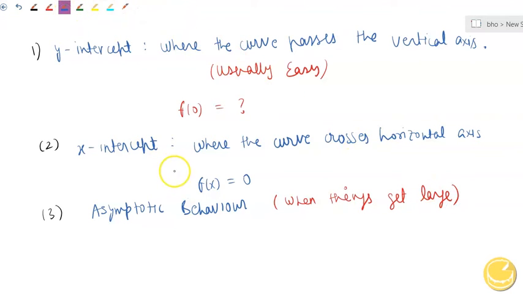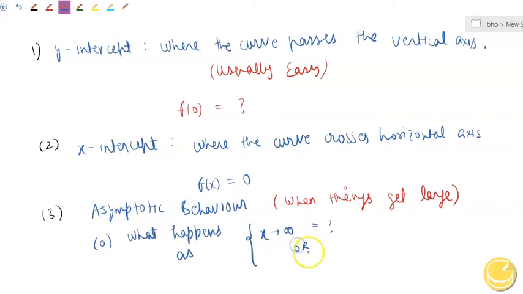There are various possibilities. A, we have to see what happens as x tends to infinity or x tends to minus infinity. This will lead to possible asymptotes.